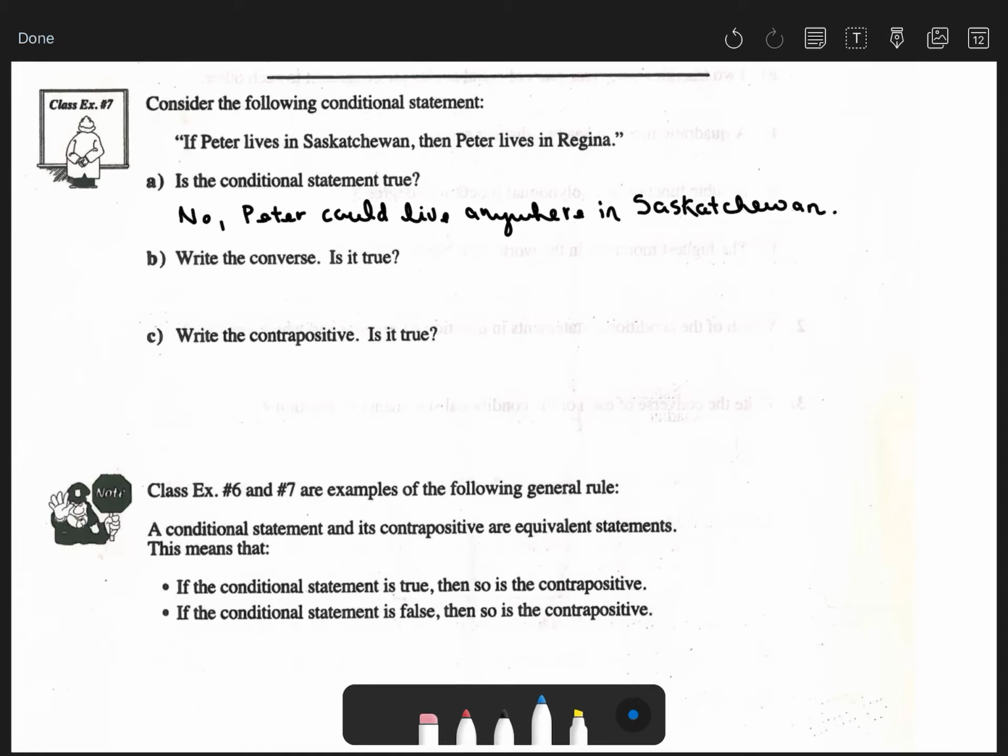Write the converse. Is it true? So converse again, switch the if and then portions of the statement. So if Peter lives in Regina, then Peter lives in Saskatchewan.